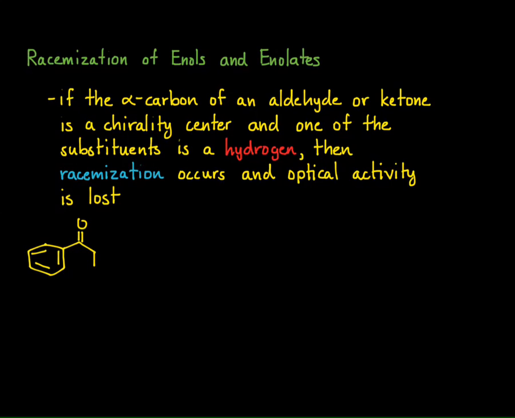If I take a look at this particular ketone, we see that there's a chirality center there, and we can figure out its absolute configuration. When you figure out its absolute configuration, you see that it is an S stereoisomer.